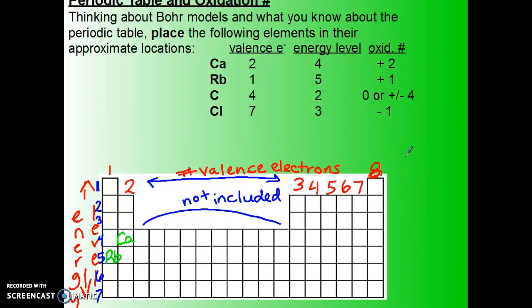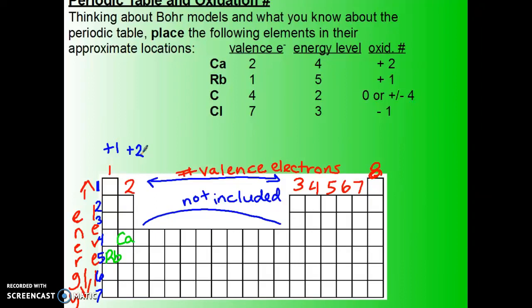So remember, if something has 1 valence electron, it's easier for it to lose 1 electron than it is for it to gain 7 electrons. So everything in group 1, or the 1st column, will have a +1 charge. The same is true for everything in group 2. It's easier to lose 2 electrons than it is to gain 6. So everything in this column will have a +2 charge.